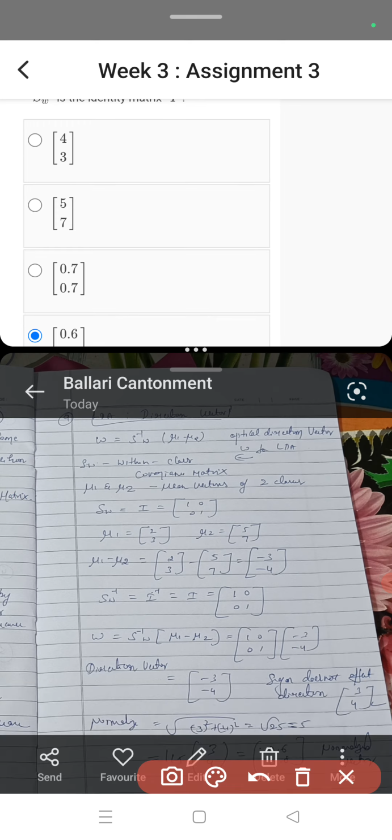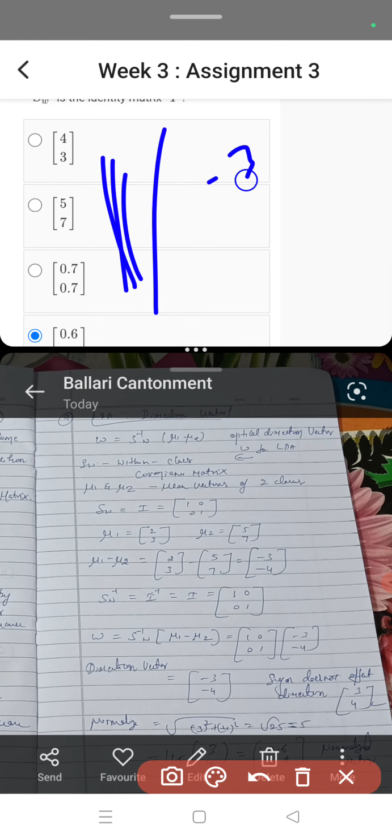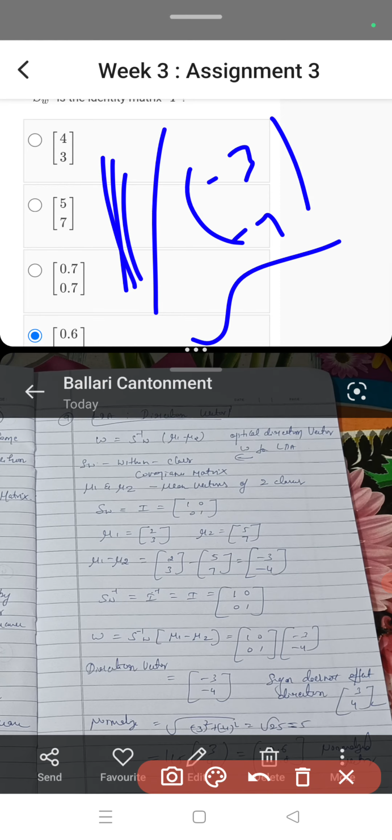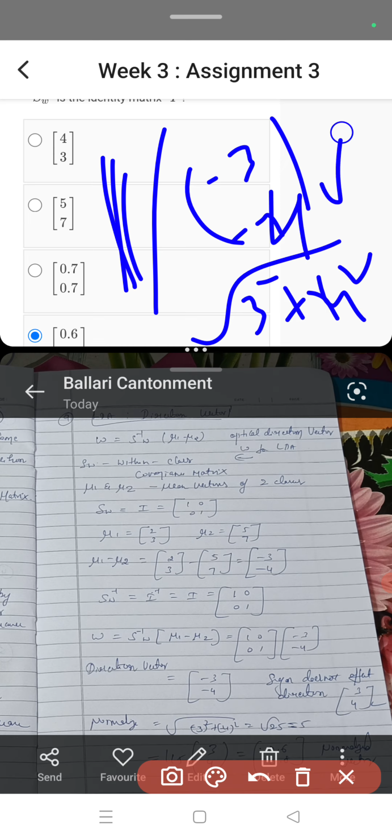So what you should do is take the normalization of this. Take the square root of minus 3 squared plus minus 4 squared, which is root of 25, and root of 25 is 5.